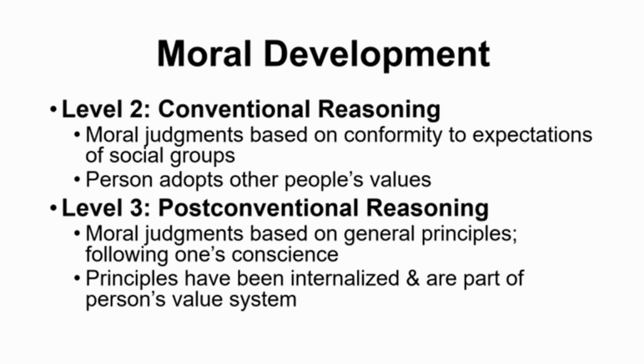We're going to say, well, I don't necessarily agree with this aspect, so I'm going to change that rule for myself. So now all of our morals have been internalized and are part of your own unique value system. So you've started to think for yourself, you have things that have meaning to you, and a lot of that can be influenced by your own experiences.